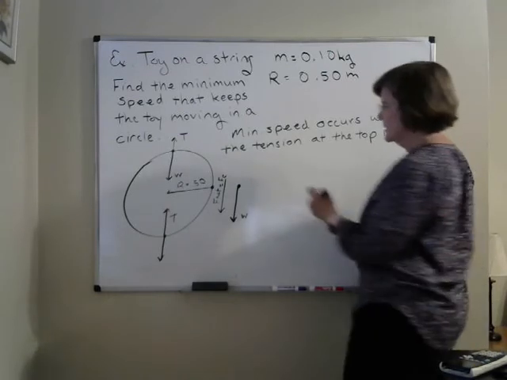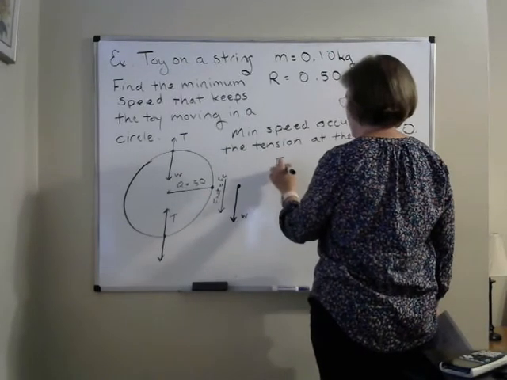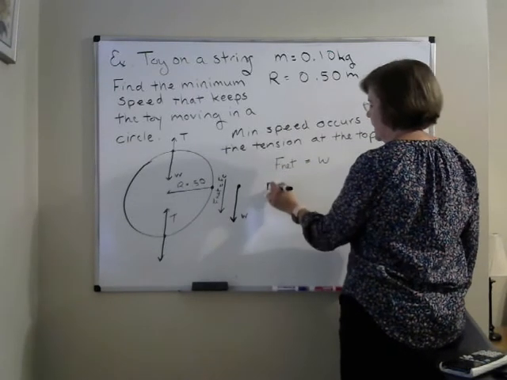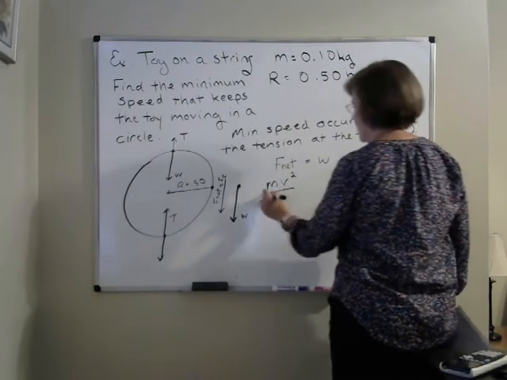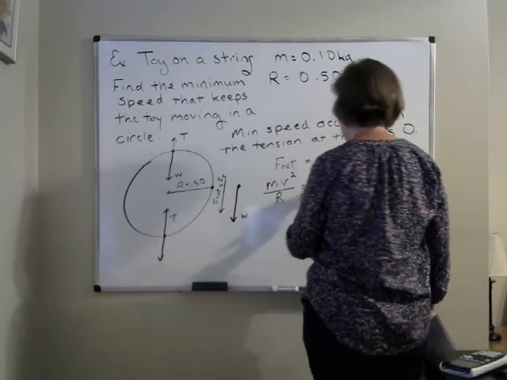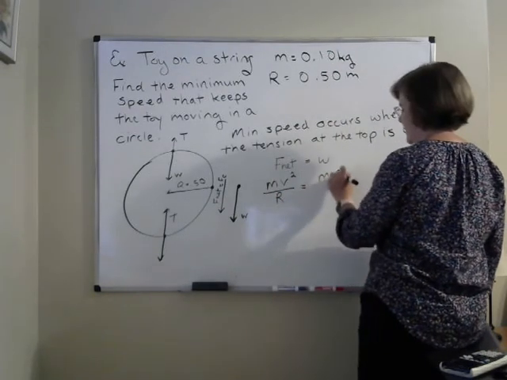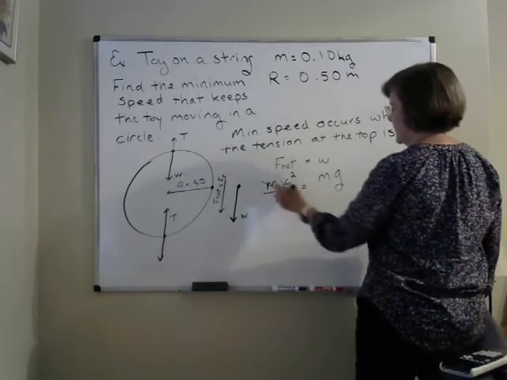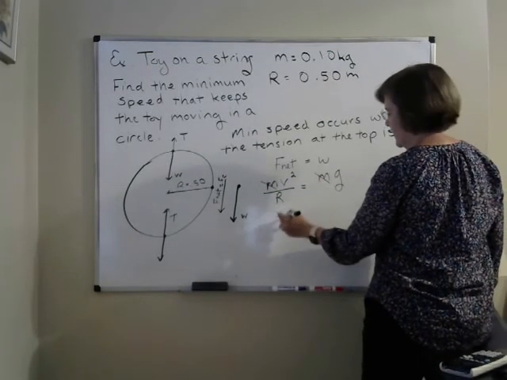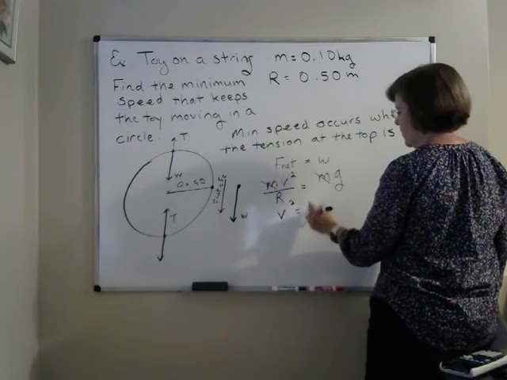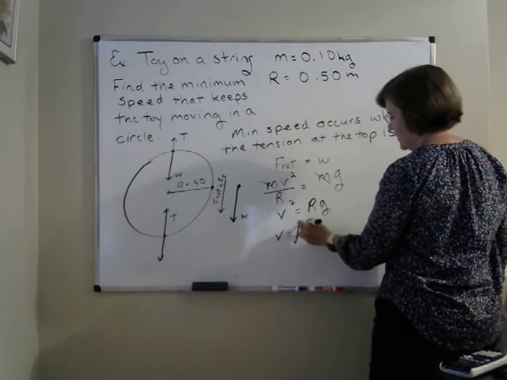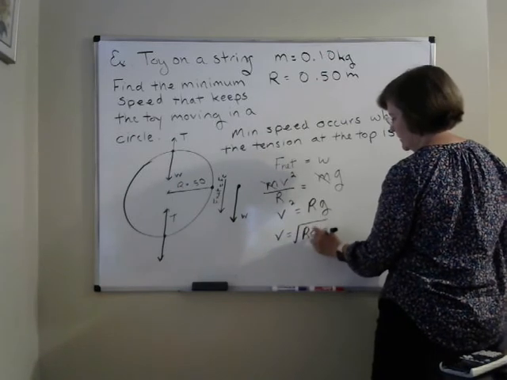So in this case, the net force simply equals the weight, or mv squared over r is simply equal to mg. So if we want to keep it moving in a circle, we solve this for v. We get v squared equals rg, or v equals the square root of r times g.